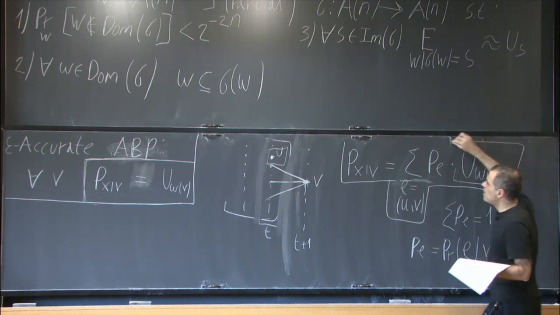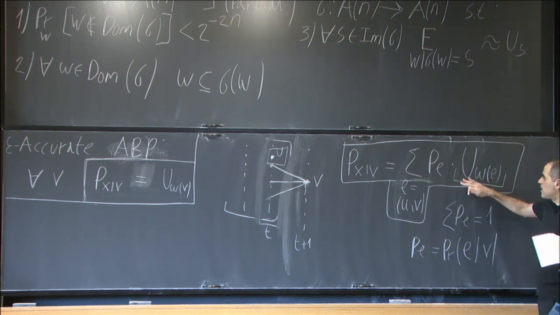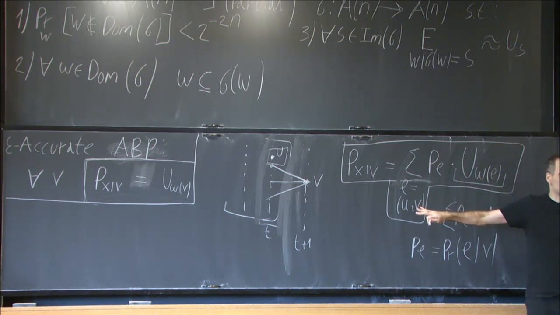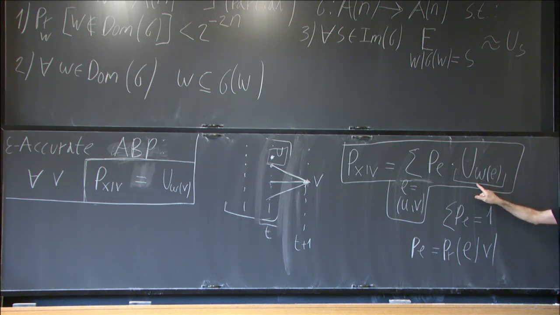This is a formula for the distribution of X conditioned on the event that we reached the vertex V. And it's not even important what this formula is. It's important that it's a linear combination of uniform distributions over affine subspaces. That's it. That's what is important.